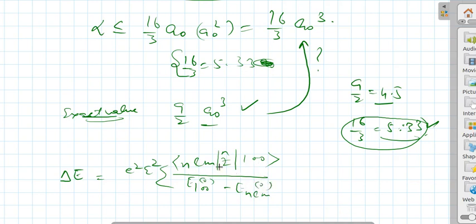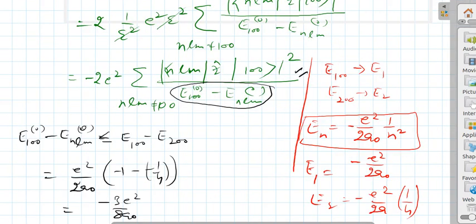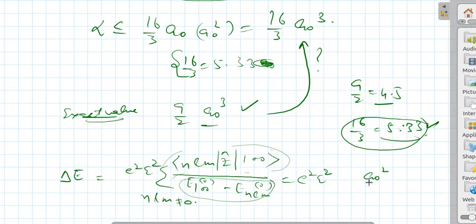If I use their values here, it is E square epsilon square, and this part is a naught square, and the value of the denominator will be minus 3 E square over 8 a naught.